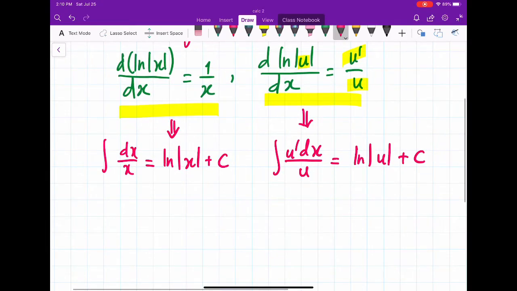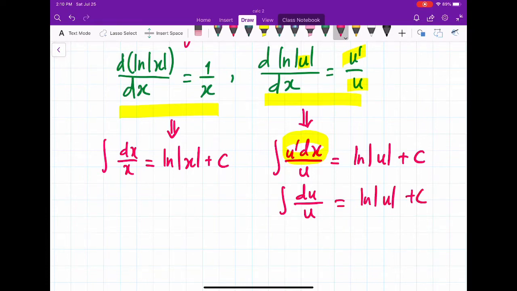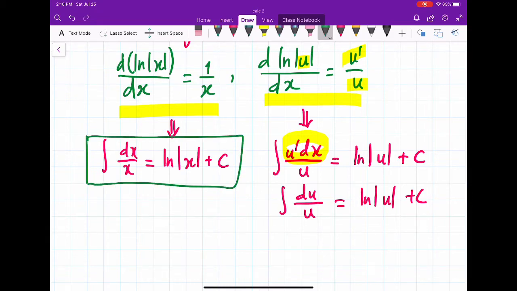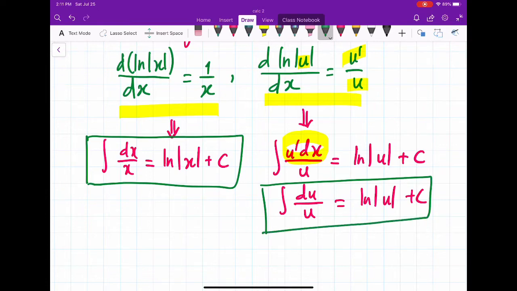But what is this? This is a substitution, so this is nothing but du over u equal to ln of absolute of u plus c. These are two formulas of integration involving logarithmic function.